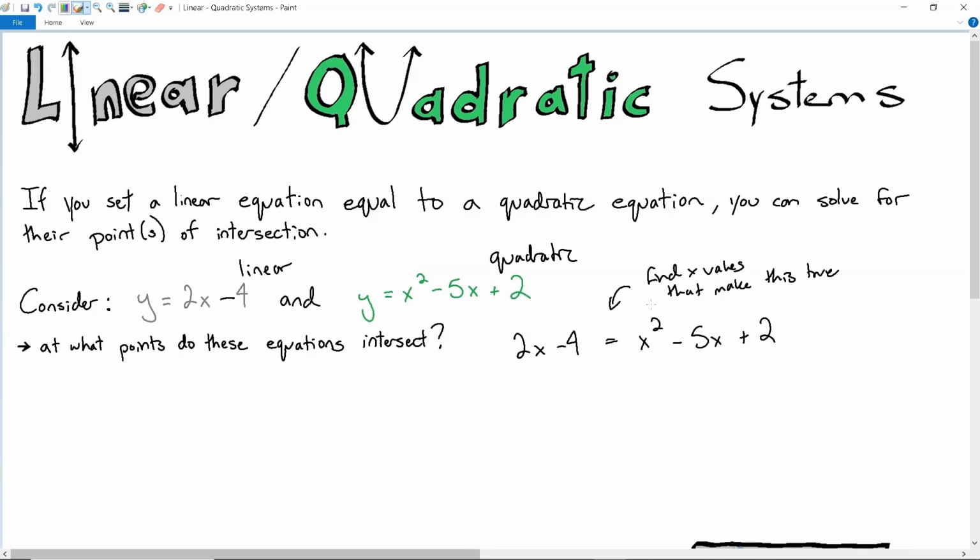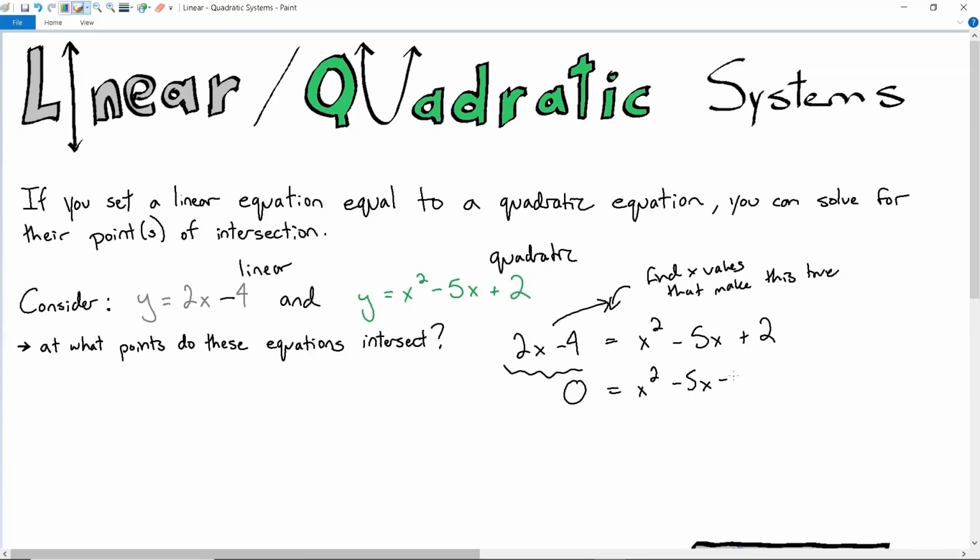Because the only x values that will make this equation true are the x values related to the points of intersection. So the way we're going to do that is we're going to treat this as a new quadratic to solve. So I'm going to move these terms to my right side and set this to 0.